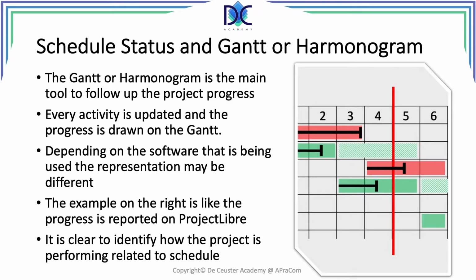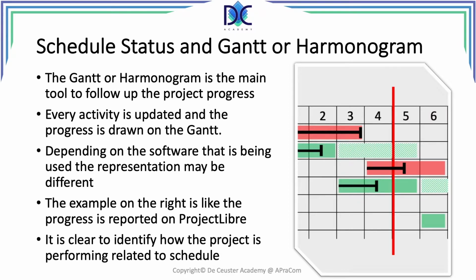The example we have here is comparable with the program of Project Libre. In Project Libre, you have the red line which shows the time or the period we have finished. The activities are there. We see critical path and non-critical path activities. And then the black line shows the status of the activity.